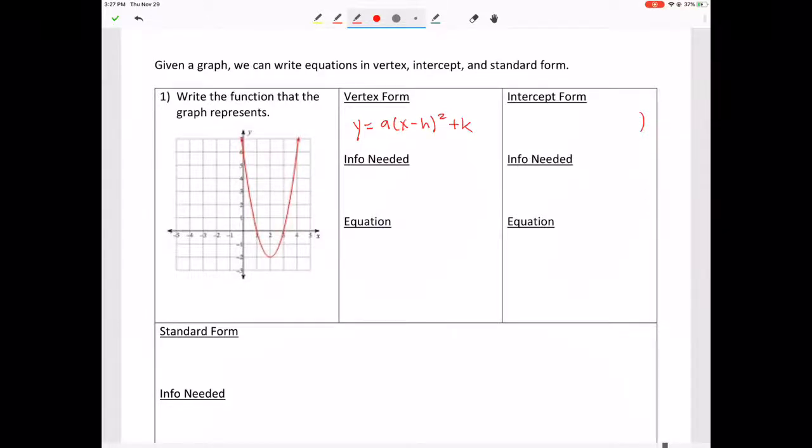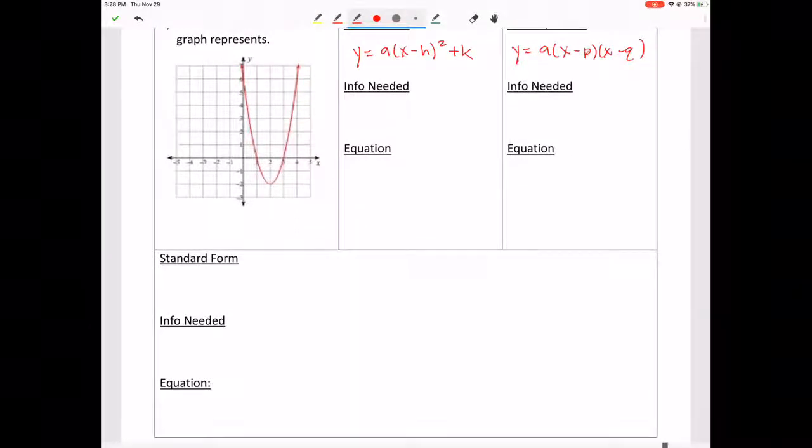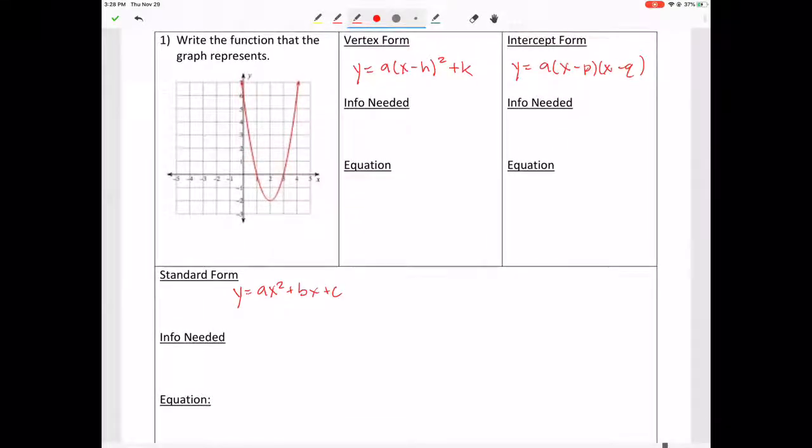And here we can write intercept form for the next one: y equals a times (x minus p) times (x minus q). And then down here we have standard form, y equals ax squared plus bx plus c. Okay, so remember, you need to memorize these to get full points on the test.